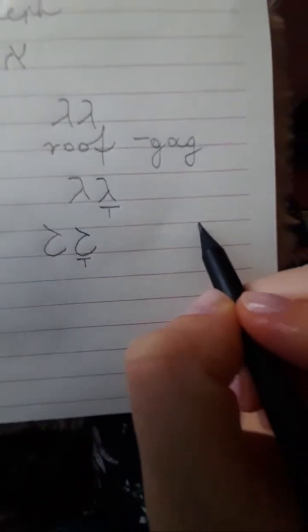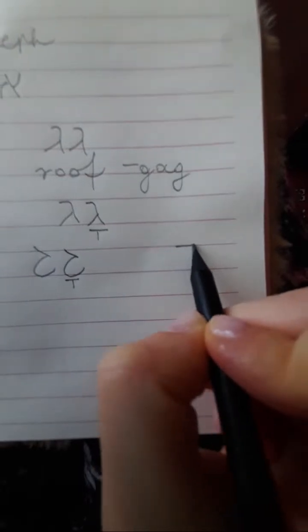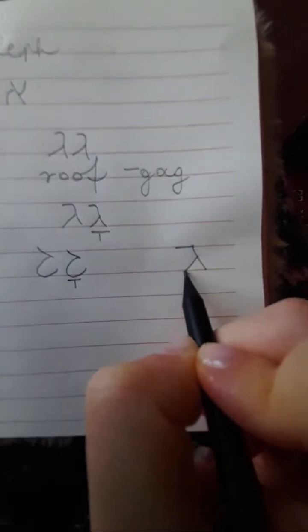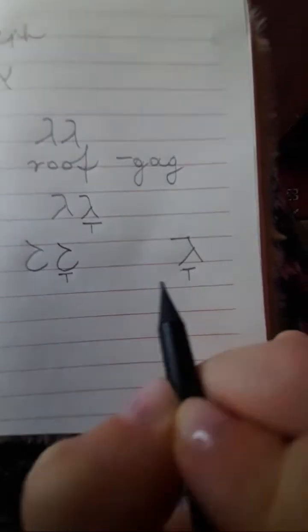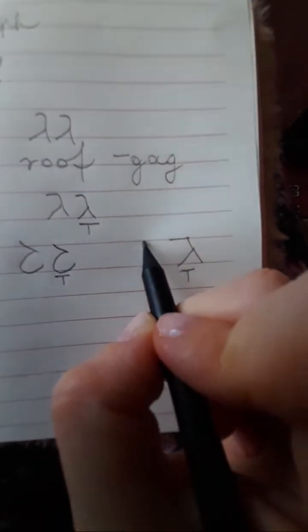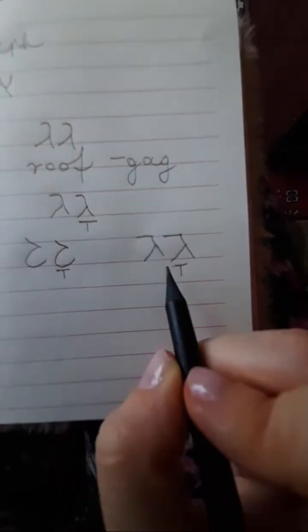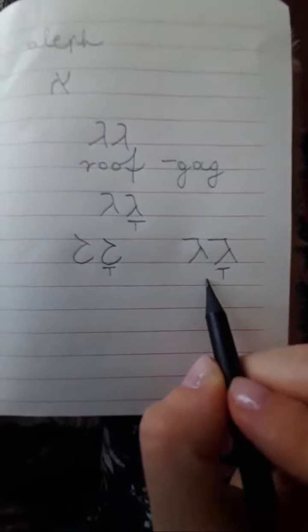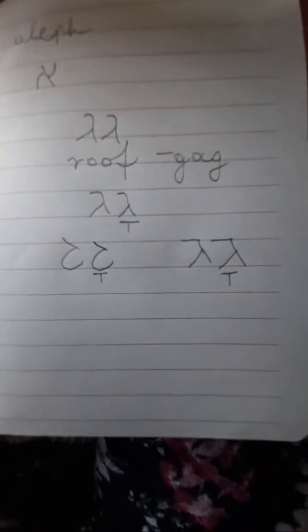and everyday form, a printed form, sorry. Now this is the printed form of gag, means roof in Hebrew. Okay. Gag. And okay.